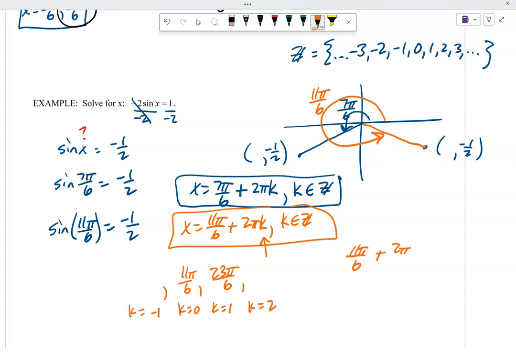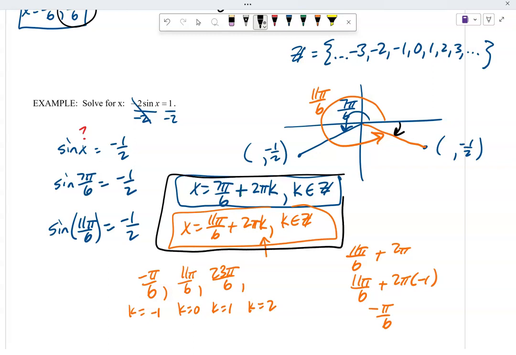If k is negative 1, then that would be 11π/6 plus 2π times negative 1. So 11π/6 minus 12π/6 is negative π/6. So that's this one right there. Again, we know the sine of negative π/6 is also negative a half. So these two right here give us all the solutions. Every solution is listed here for all real values of x.